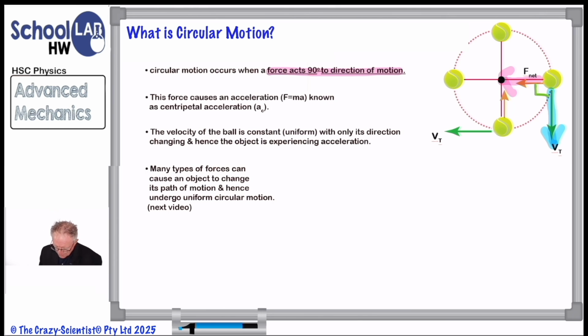The next thing to realize is that force causes acceleration. Remember from Newton's second law, F equals ma, that when we add up all the forces in a direction, if they're unbalanced, then there is a net force acting on the object, and that net force causes an acceleration. Let's say we have this calculator resting on my hand.